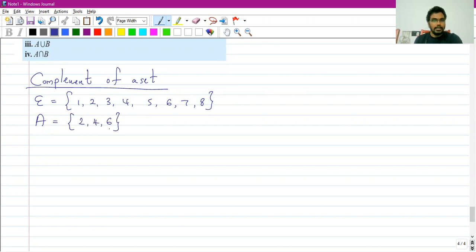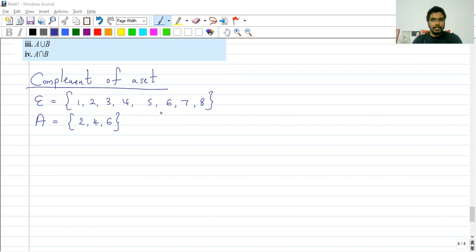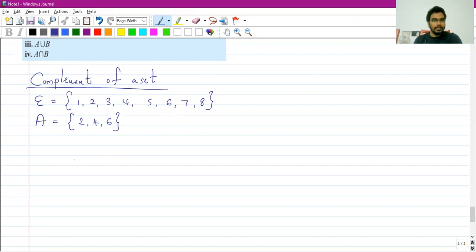This is the subset A, and this is the universal set. Okay. So now I am going to write the complement of set A.